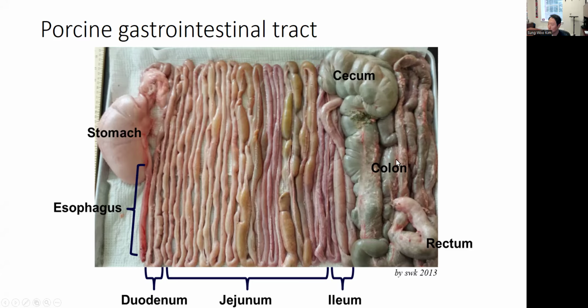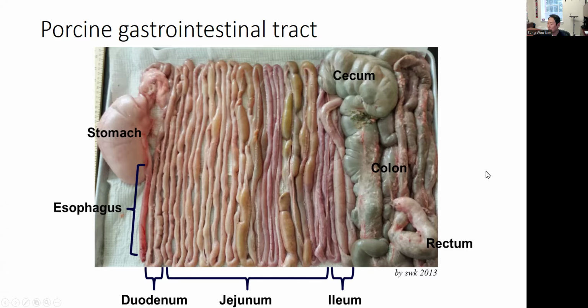So you see microbial fermentation occurs in the colon, where microorganisms utilize fibers or undigested protein and starch into nutrients for their own use, but they also make metabolites that can be absorbed and utilized by the host animals.